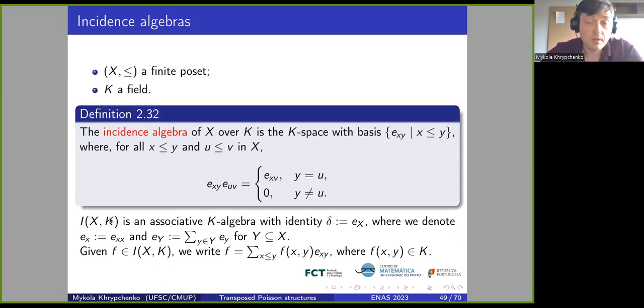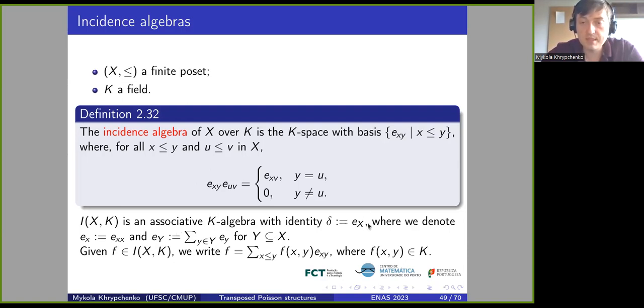It's an associative algebra. Its identity element is this EX, where I use the following notation. I denote by Ex, small x, the basis element Exx, and by E with capital X, where the capital letter denotes a subset of X, just the sum of these basis elements.